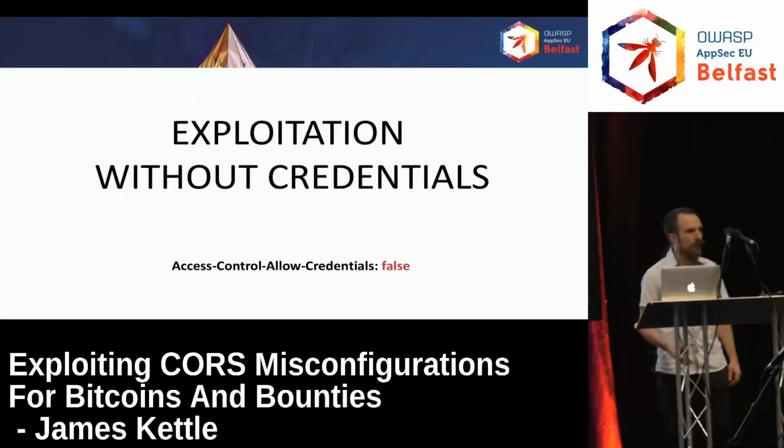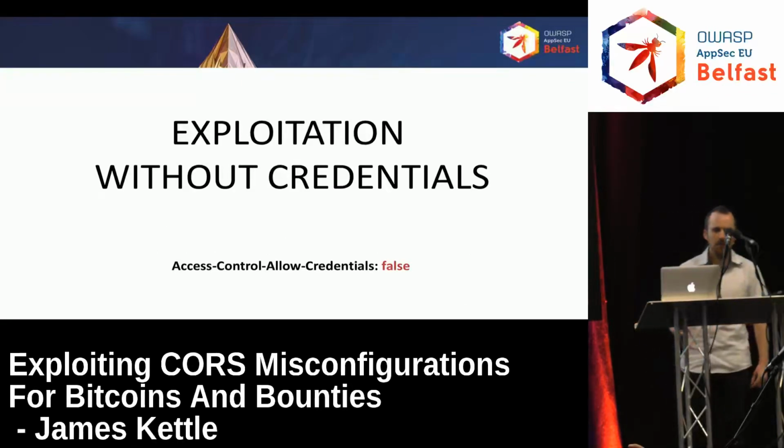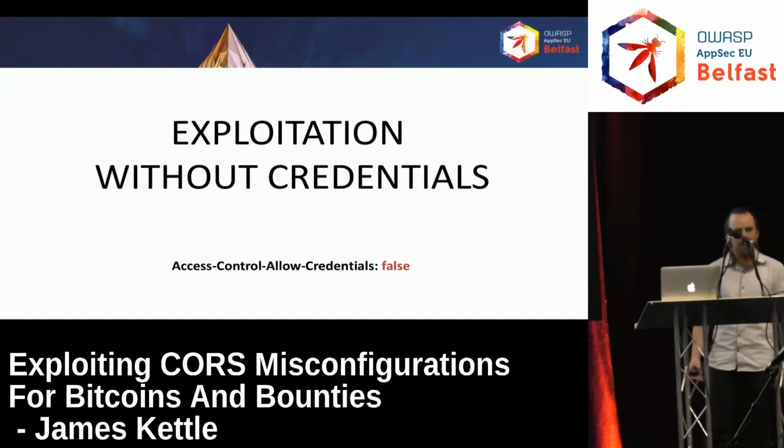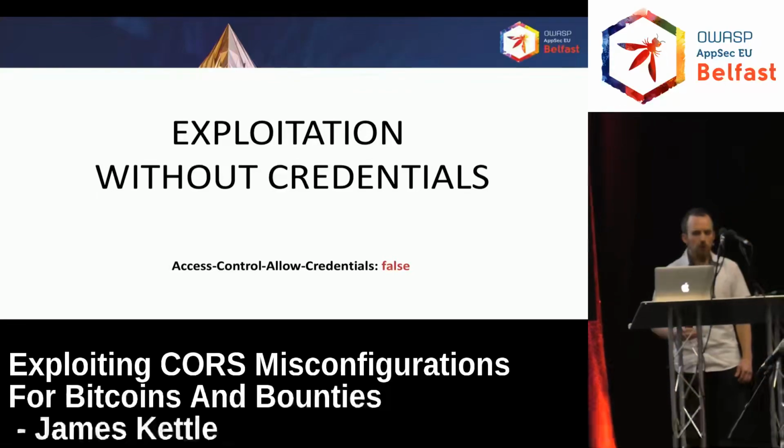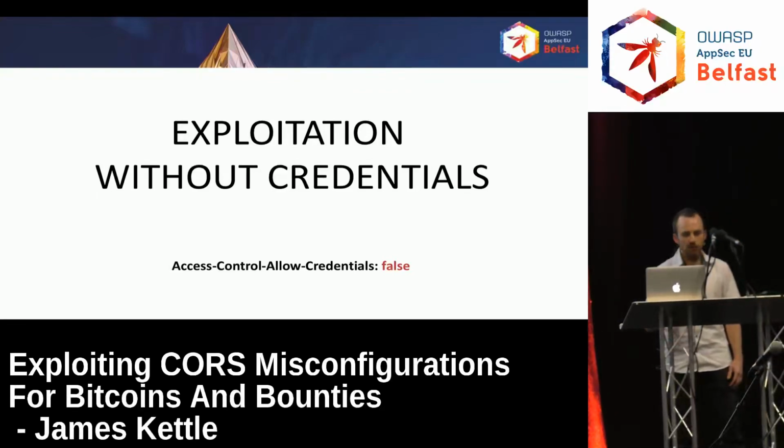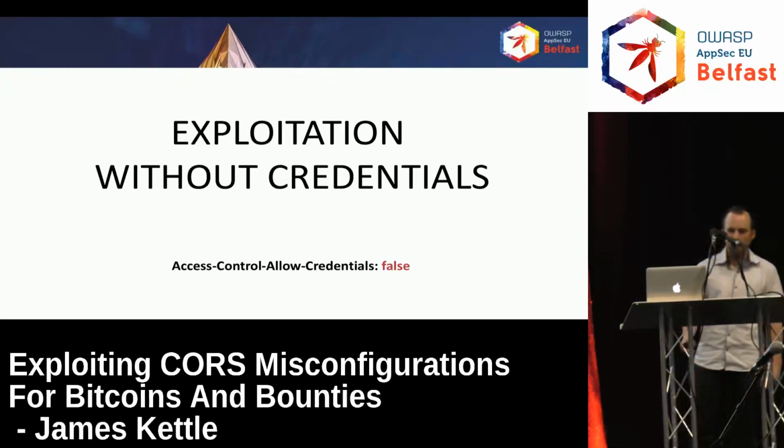Okay, so far I've focused on exploiting sites that have set the allow credentials flag to true. That's because most of the time, if this flag is set to false or not specified, which just means it defaults to false, you can't do very much, because you might as well send a request directly rather than using your victim to send it.